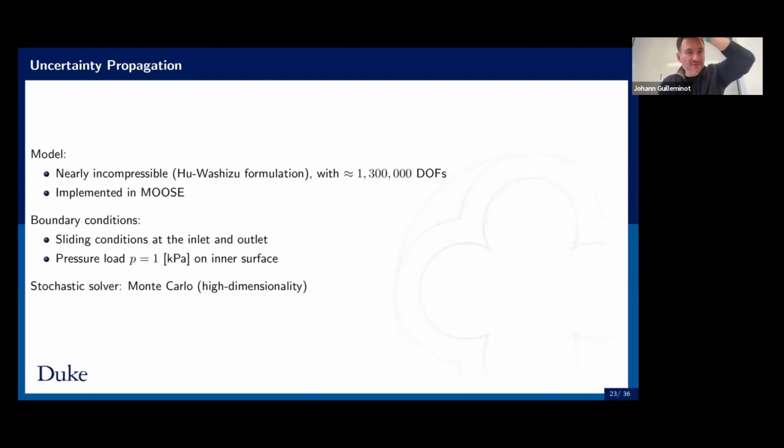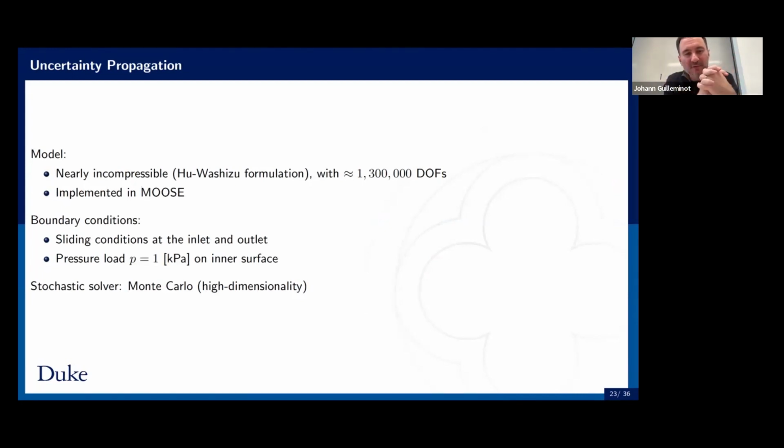Now, I'd like to show you a bunch of uncertainty propagation results. If you are not from computational mechanics, you may not be familiar with this, but when you are dealing with nonlinear elasticity in a computational setting, you need to account for this in a proper way. So we use something that is called the Hu-Washizu formulation, and we have more than 1 million degrees of freedom.